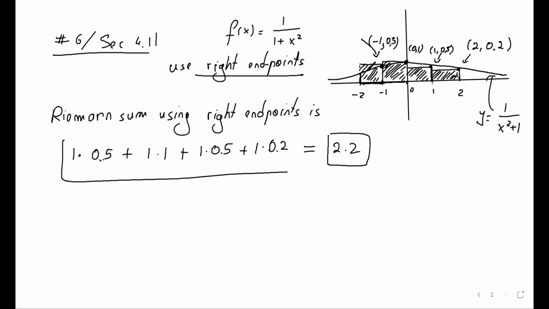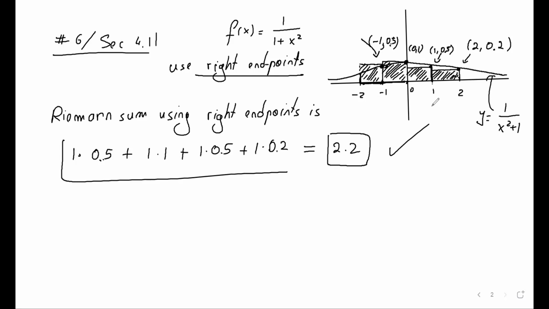Of course, you have pieces of this rectangular approximation outside and pieces inside, but the idea is that the pieces that are outside will cover the white space inside, and together they give a good approximation. All right, so this is the calculation with right endpoints. They also tell us to calculate this exact same sum using midpoints.